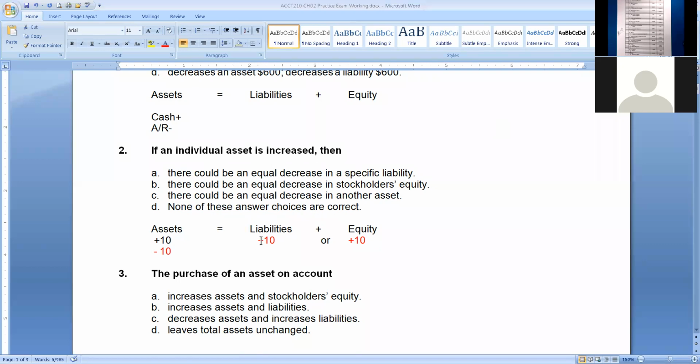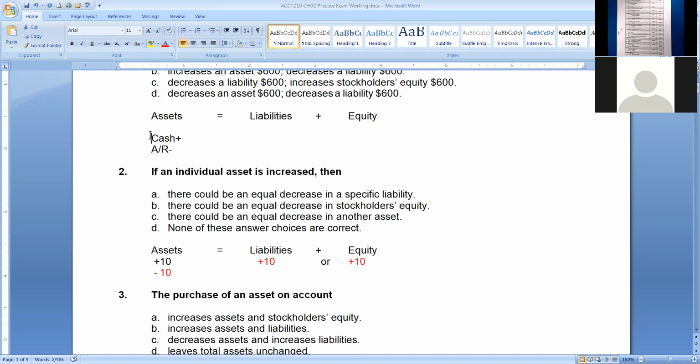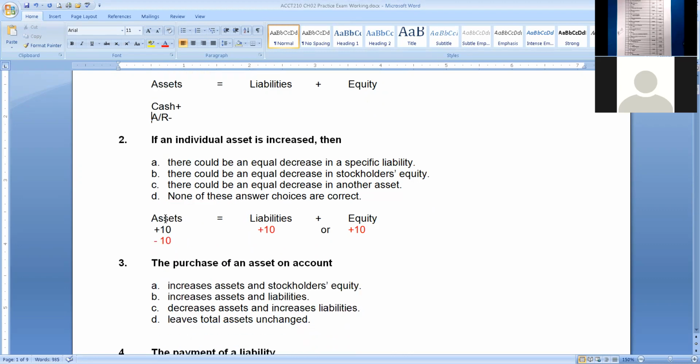No, liability would have to go up to make this equal. An equal decrease in stockholders' equity? No, if assets go up, then equity must go up. These two sides have to equal. There could be an equal decrease in another asset. This one would work, so it's actually going to be C. It's like the one up here: if cash goes up and accounts receivable goes down, these two are possible.